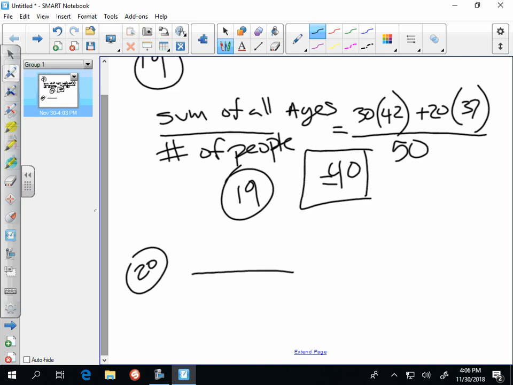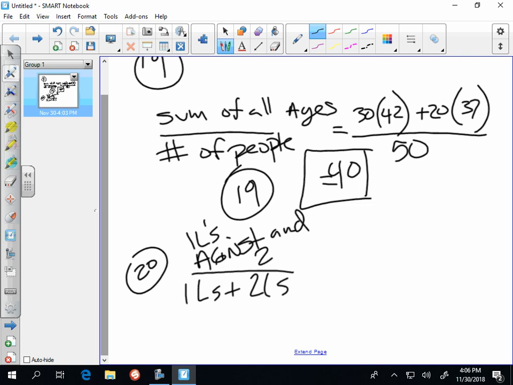Okay, so they said fraction, and the population we're considering is all the 1Ls and 2Ls. And what is it that we're looking at? Who are against the policy. We want 1Ls who are against and 2Ls who are against.